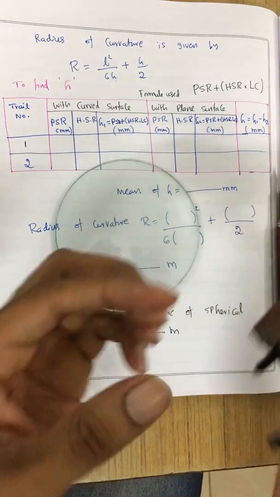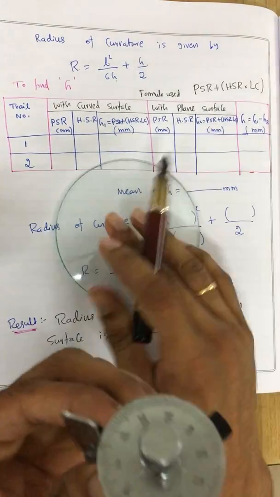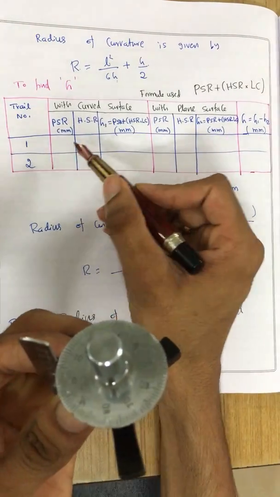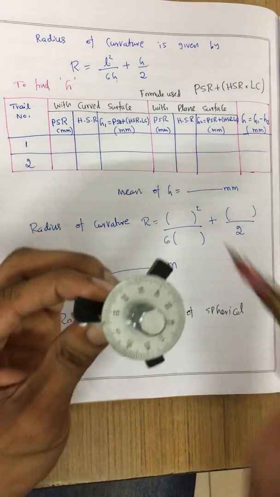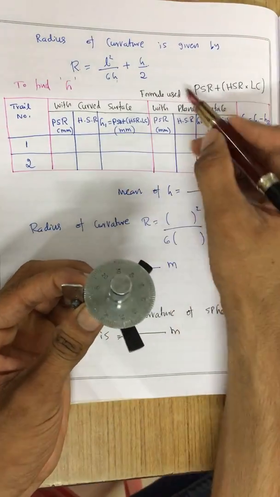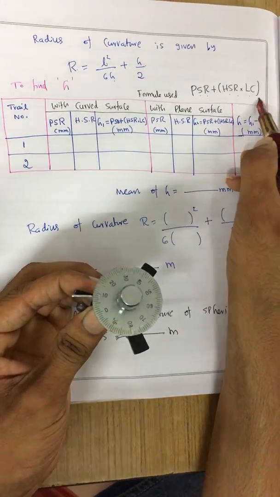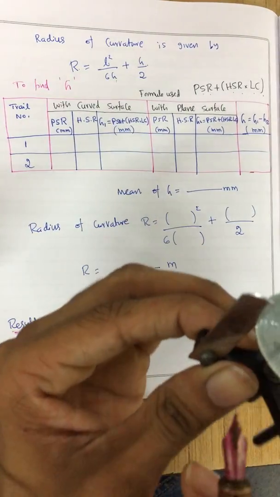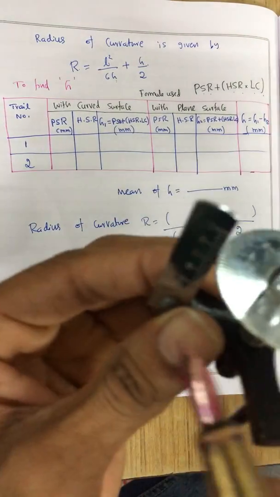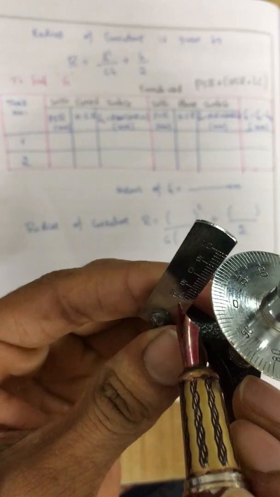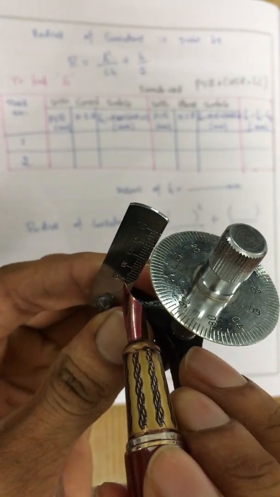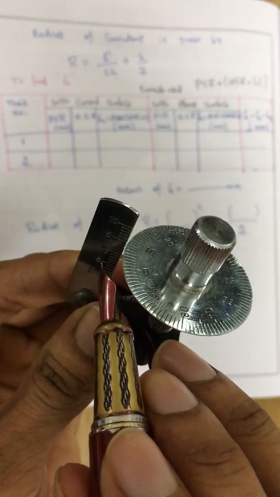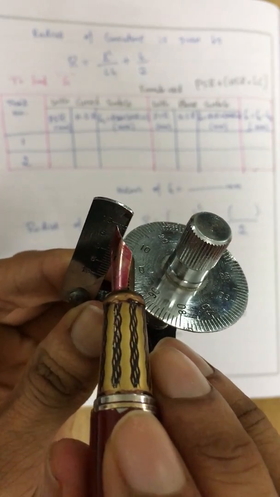Now I have to refer to the pitch scale and note down the pitch scale reading, that is PSR, and after that the head scale reading, then use the formula PSR plus HSR into least count. So the pitch scale is this one. I refer to this as 0, even though it is written as 10: 0, 5, 10, 15, 20.